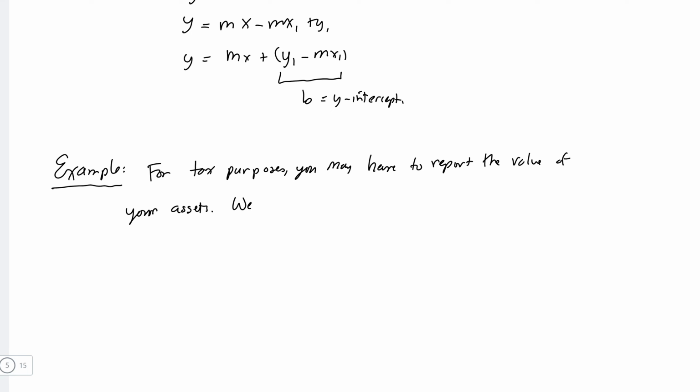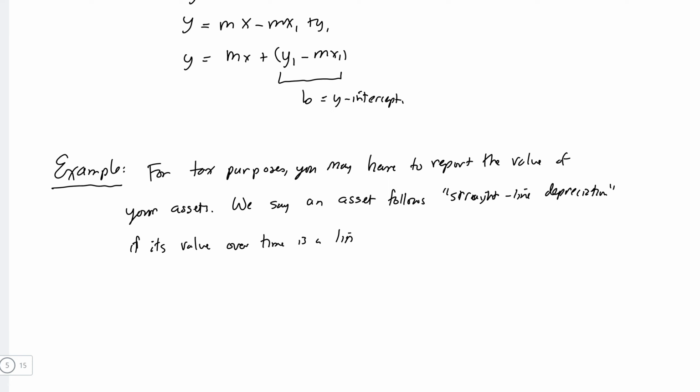So we say an asset follows straight line depreciation if its value over time is a linear function.